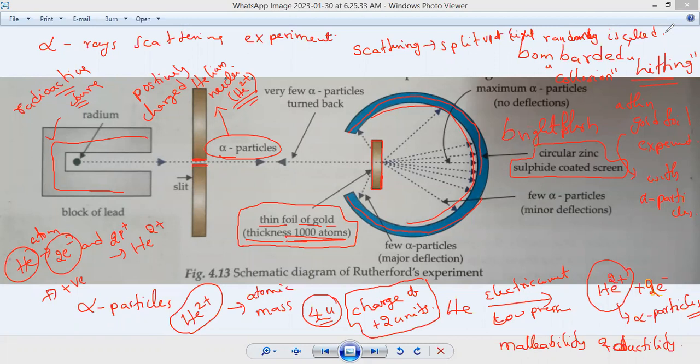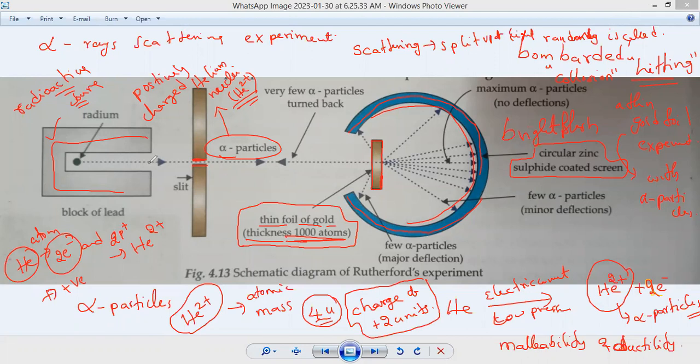Scattering means making the path of the light visible to us. That is why you can see early morning sunlight coming through a small hole in a window, and the dust particles, everything. Can you see it or not? That is called scattering. Making the path of a light visible to us is called scattering.